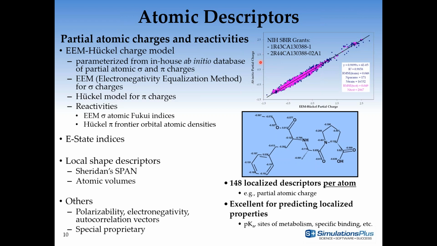This was over a period of many months. Just the computer time was many months. We then developed a fast empirical methodology to estimate those partial atomic charges using just 2D structure information. So a very fast estimate.